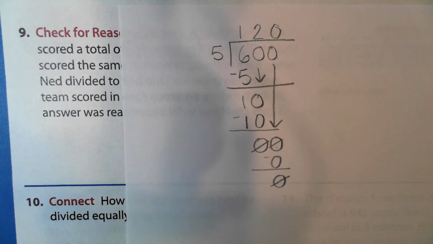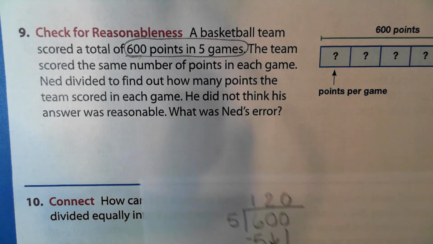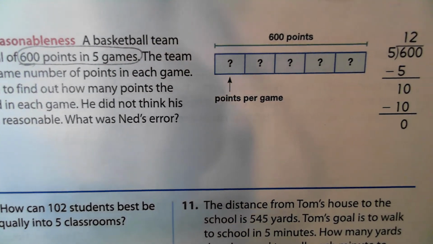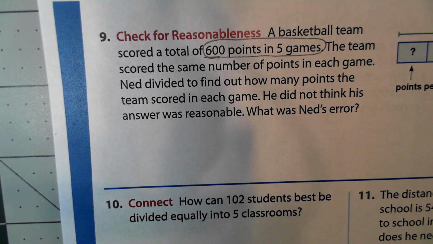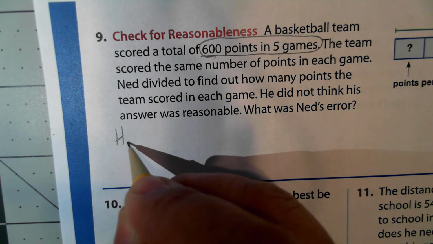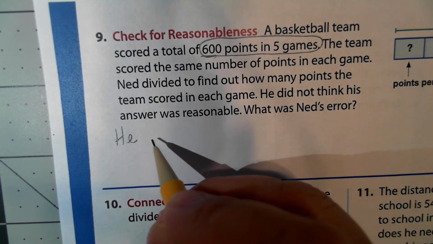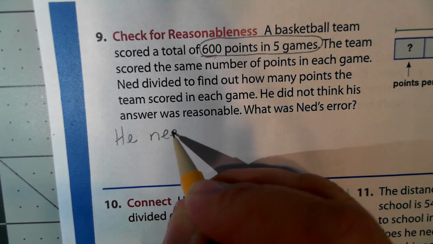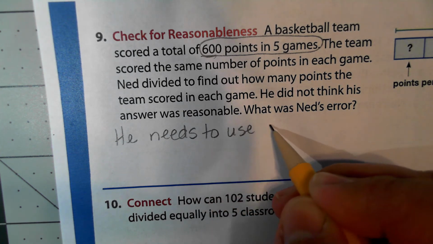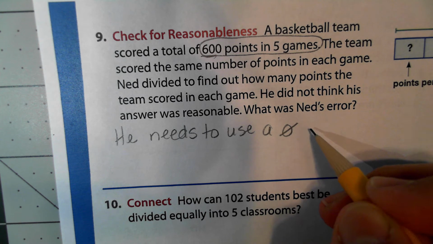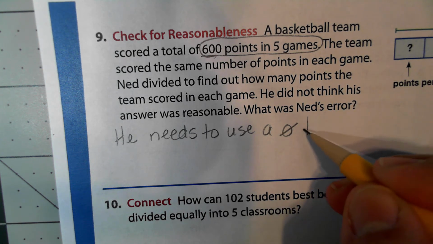So when I look at Ned's work, I can see that he only has a 12. Do you see that? So what was his mistake? He needs to use a 0 to hold.